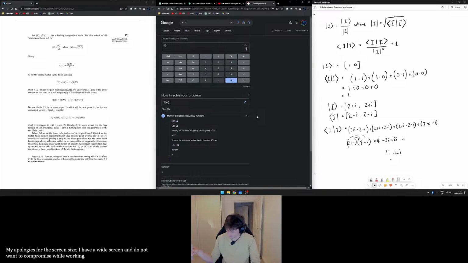Minus 1 I squared, we got to that point already. Minus I squared. And then, oh, is that all you have to do? Minus 1, because you got the 1 at the front, you do minus 1 times minus 1, which is 1.